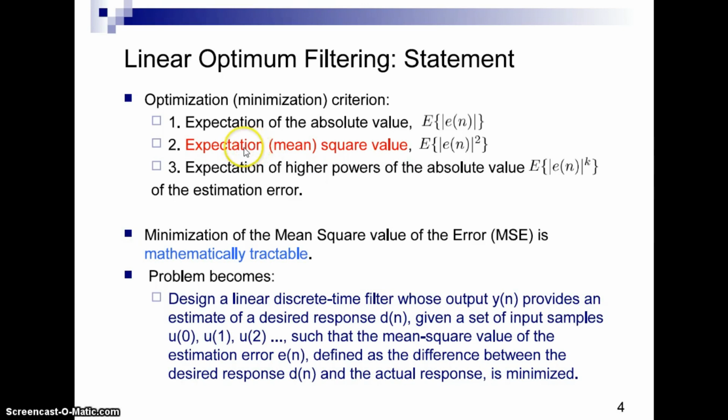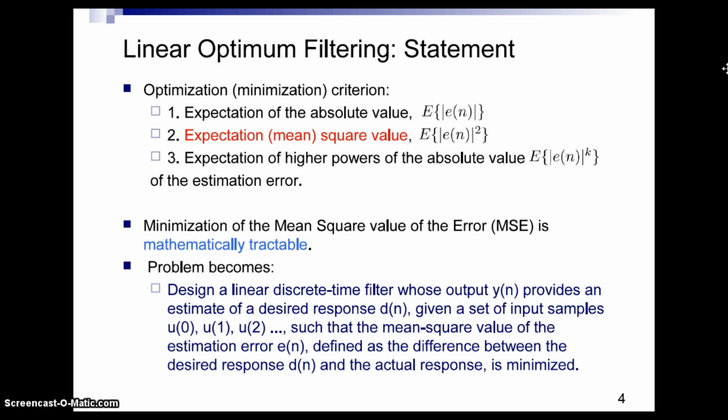That is why this possibility is preferred. In particular, the choice of the minimum mean square criterion results in a second order dependence of the cost function on the unknown coefficients in the impulse response of the filter. The minimization of the mean square value of the error, MSE, is mathematically tractable, for optimum filtering.